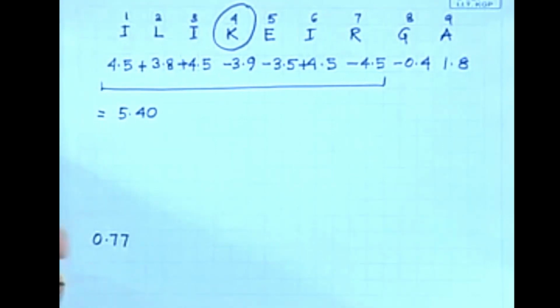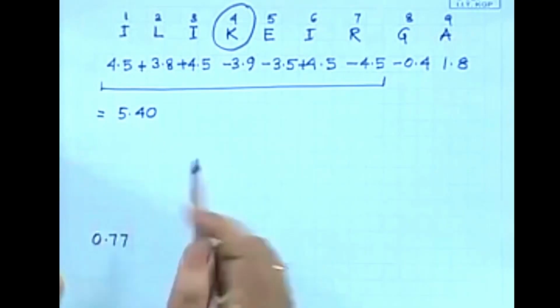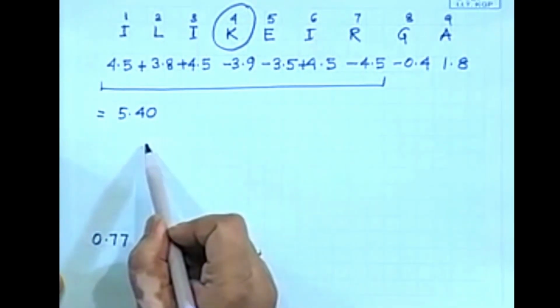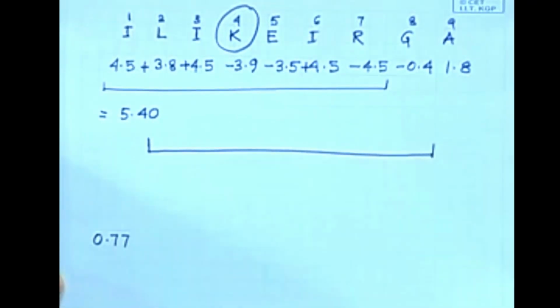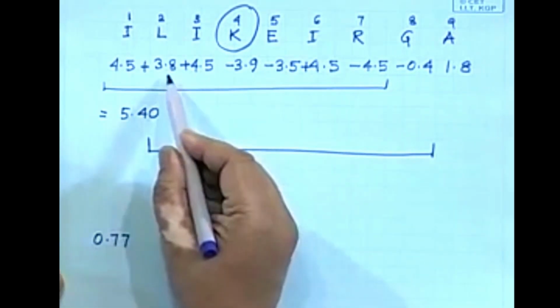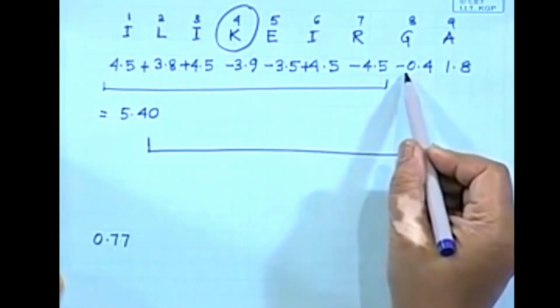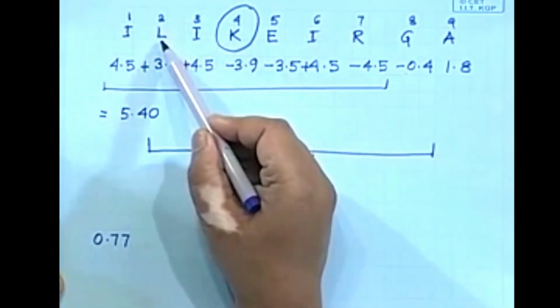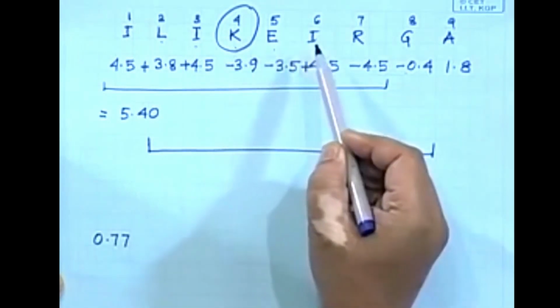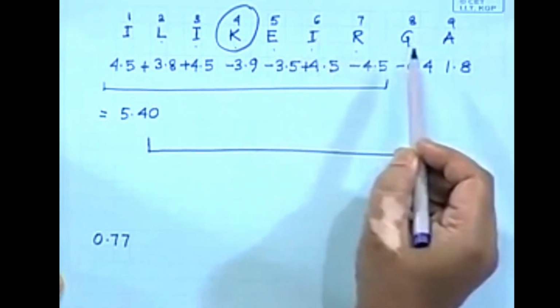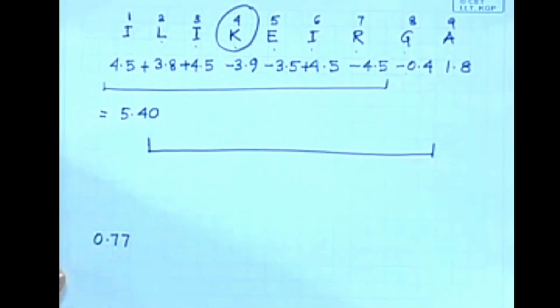It is a sliding window approach. So, what do I have to do now? I have to go from 2 to 8. When I go from 2 to 8, I have to add all these numbers from leucine, isoleucine, lysine, glutamic acid, isoleucine, arginine and glycine together.